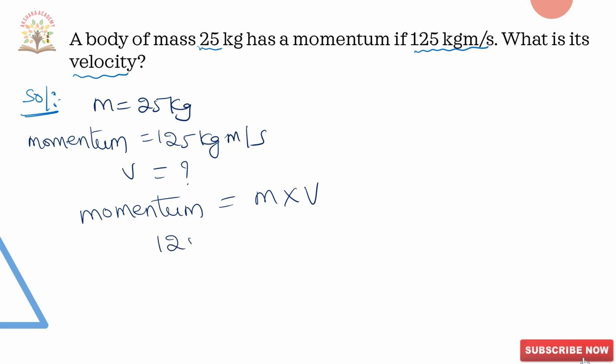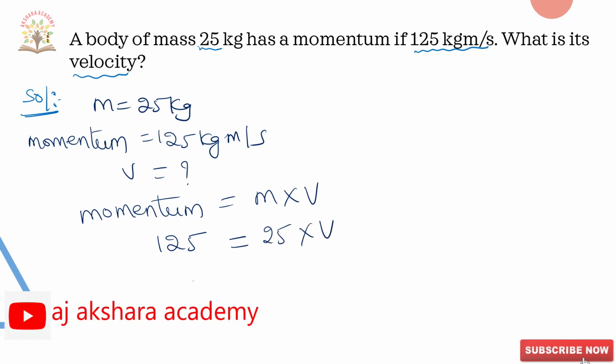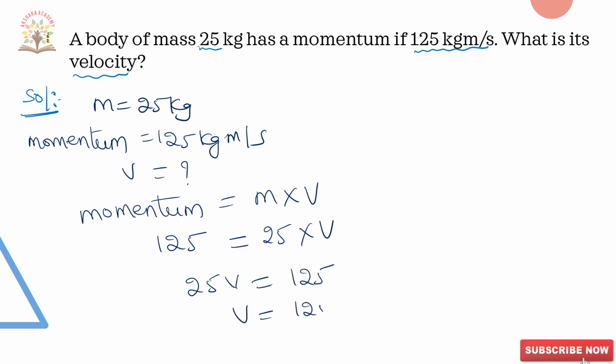Momentum they given as 125 and mass they given as 25 into v. So this can be written as 25 into v is equals to 125. v is equals to 125 by 25. Now 25 ones are 25, 25 fives are 125. So v is equals to 5 meters per second. Therefore velocity v is equals to 5 meters per second. This is the final answer.